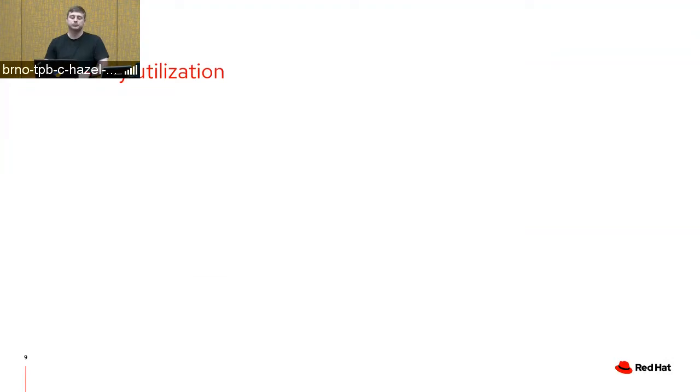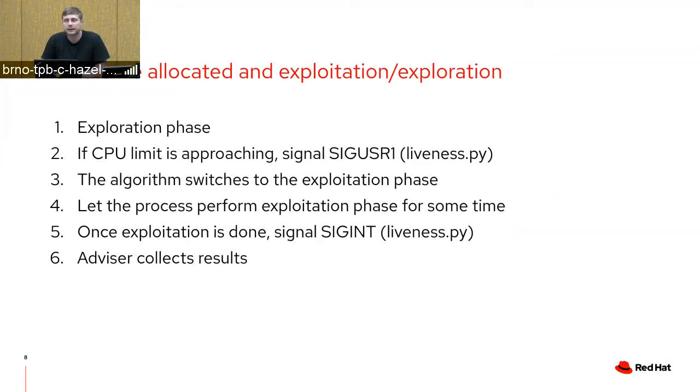Okay, so this was CPU time allocation. As you can see, we utilized the OpenShift liveness probe to manage CPU time that was allocated and is handled by OpenShift, and there's also that play with Advisor.